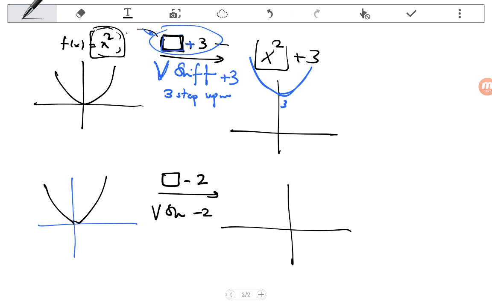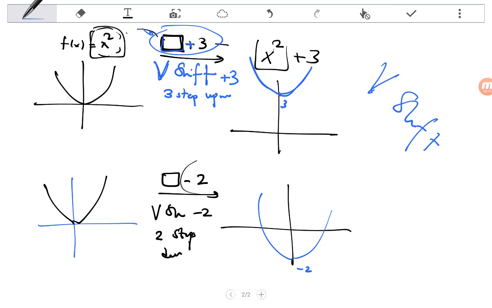Any vertical operation works just like the same expression, so that will be 2 steps downwards, something like this, minus 2. This is the second transformation, which is called vertical shift.